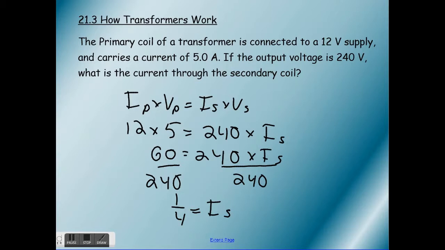If you're given 2 currents and a voltage, then you use this to find the other voltage. If you have the number of coils and a voltage, you can use the other one to find the new voltage. If you're given power and voltage, you can find current. So what you have and what they're asking for will tell you which formula you need to use.